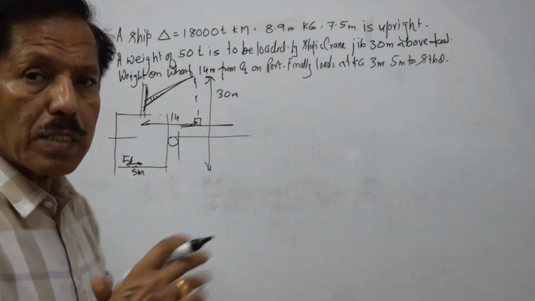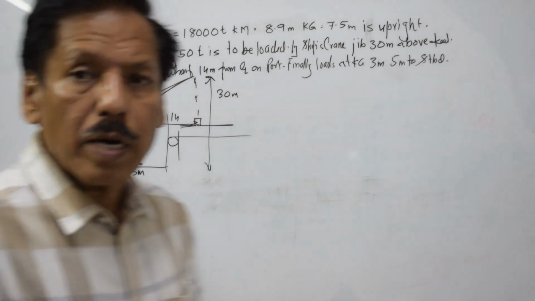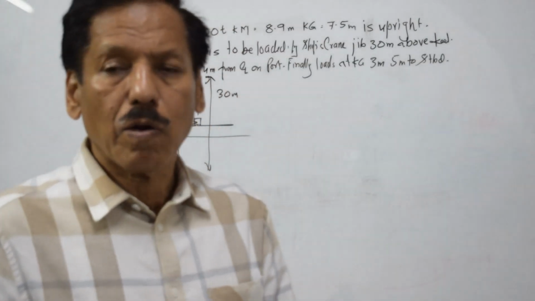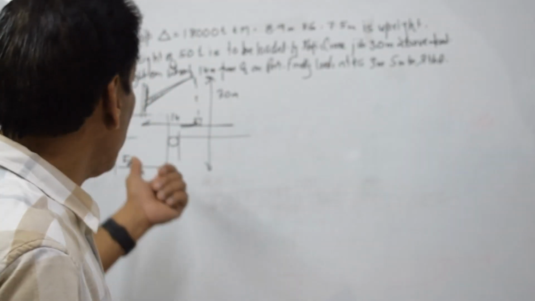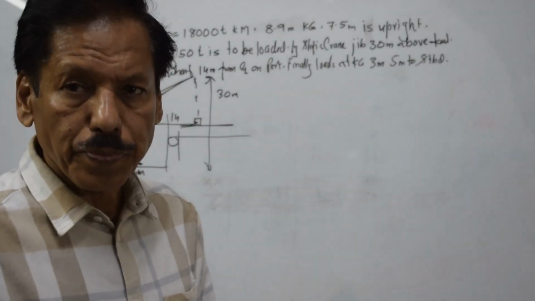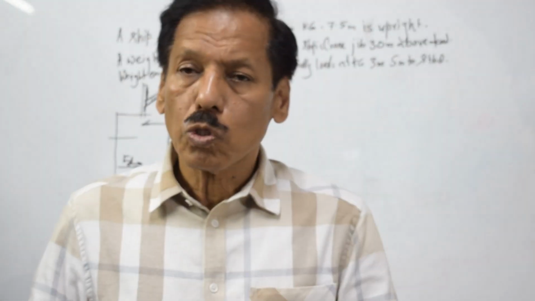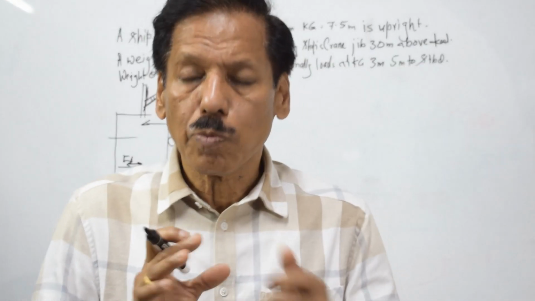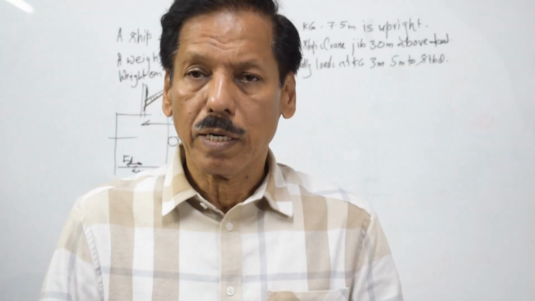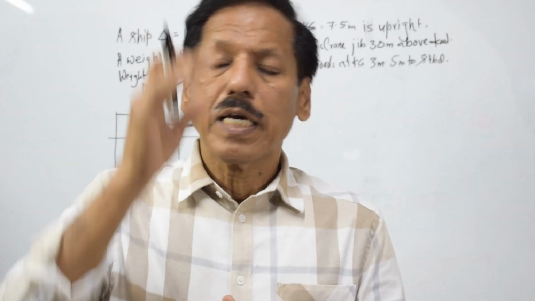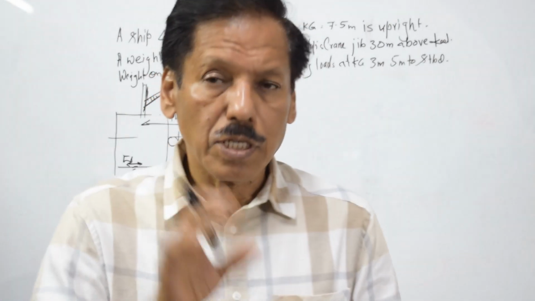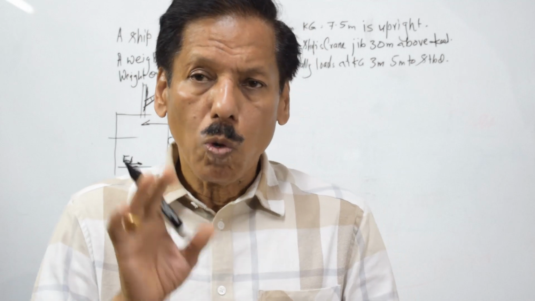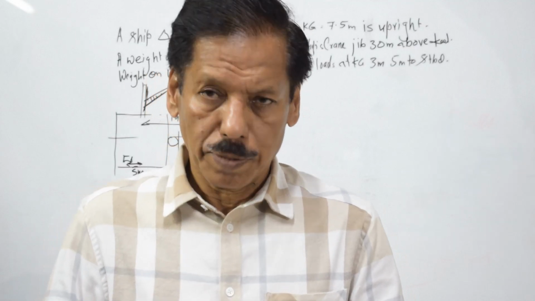So that is the moment that the center of gravity of the ship would move upwards. It means that throughout the operation, whenever the weight is suspended, it is not resting, the center of gravity is at the highest position and the GM is minimum. So we will find out what is the minimum GM during the operation.